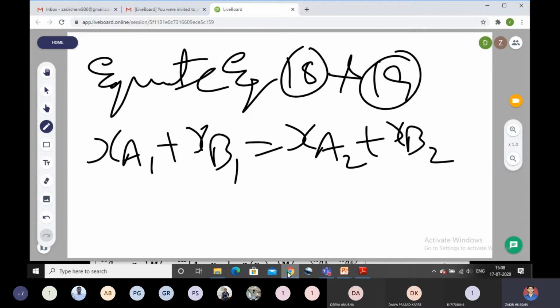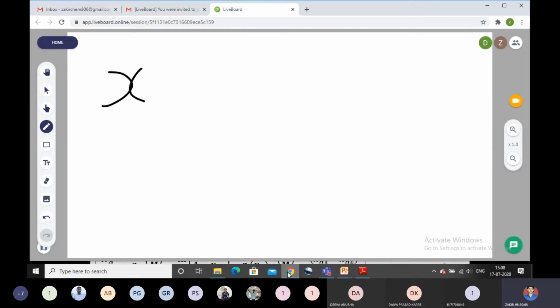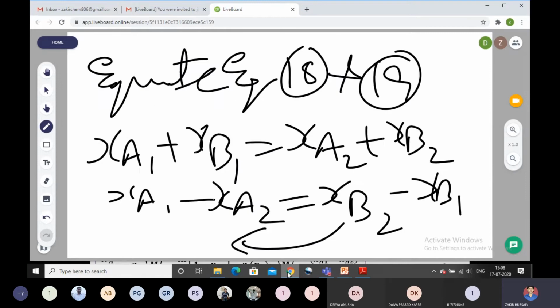So same, we can separate the A variables on one side, B variables on the other side, is equal to XB2 minus XB1. Similarly, we will send this to this side, and we can obtain XA1 minus XA2. We have to divide by that one.